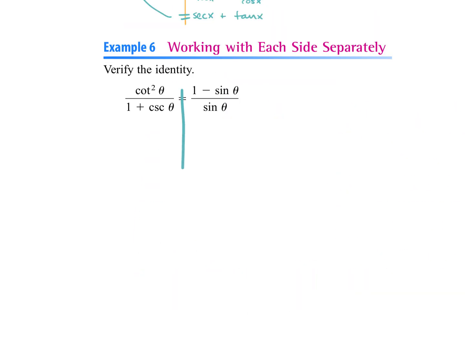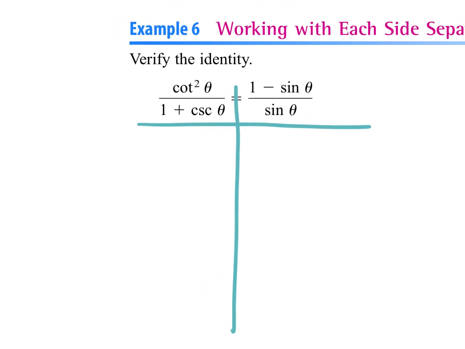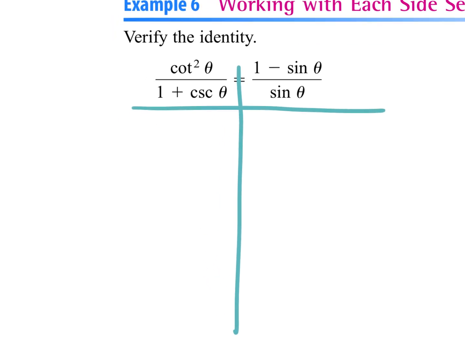All right, last one, example 6. Which side do you want to work with here? Sure. What could we do to the right side? Signs can't cancel because we're subtracting the sine up top. We could split it. So I have 1 over sine of theta minus sine over sine.